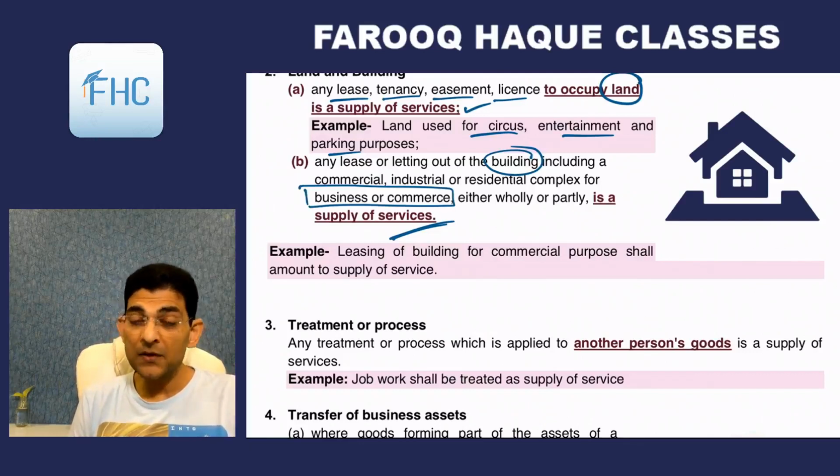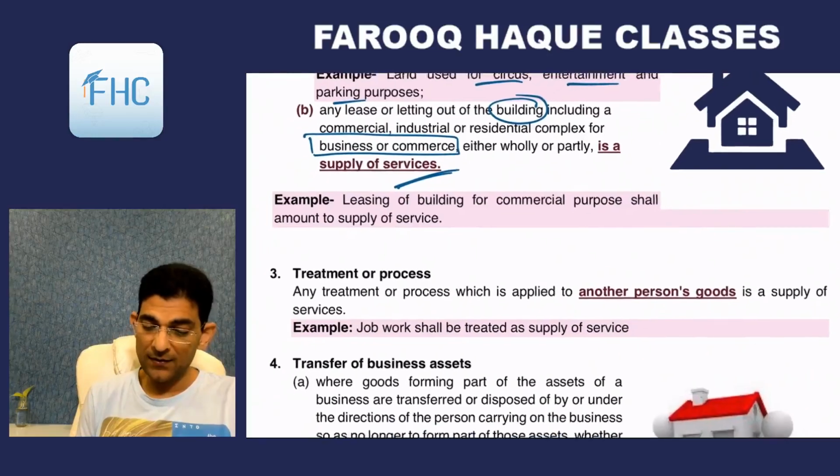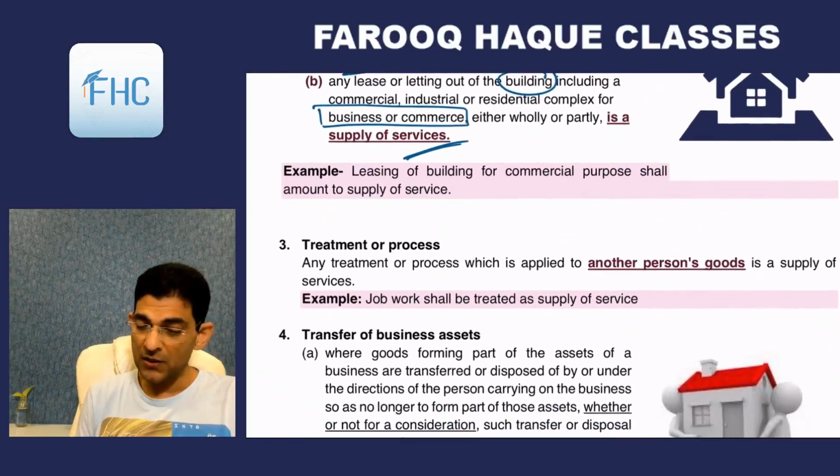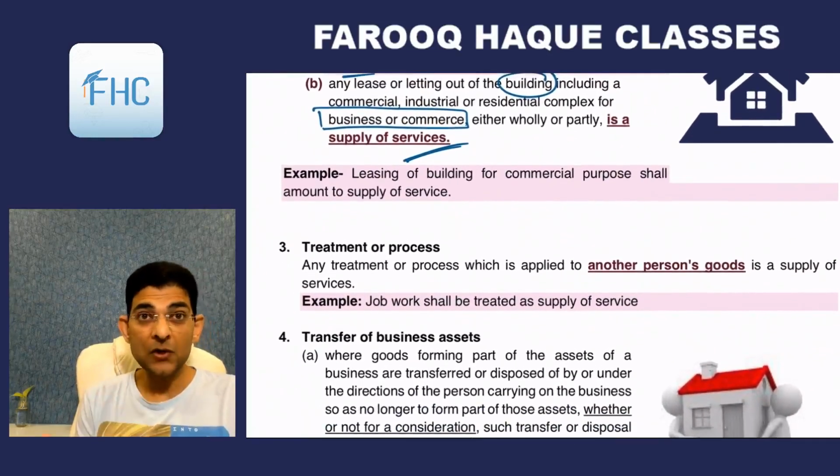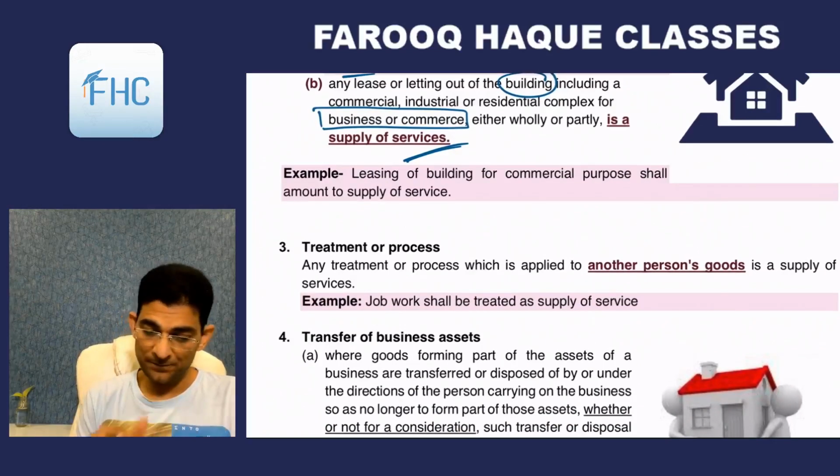This is an important point. A building let out for business and commerce is taxable and it will be called a service. But if it is let out for residential use, like I have a flat and I let it out to you for residence, there is no GST. It will not be considered as supply. Okay. So transfer of a residential house for residential purpose, like letting out of flats, is not a taxable service.